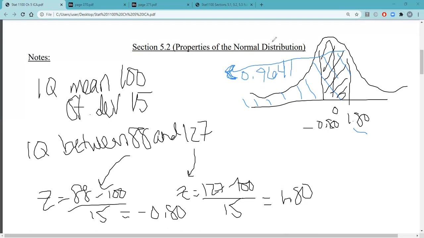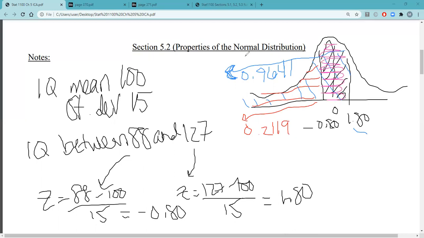And I also want to find the area to the left of z is equal to negative 0.80, which gives us 21.19%. And I'm looking for the difference, right? Because I'm looking for what is in between these two.